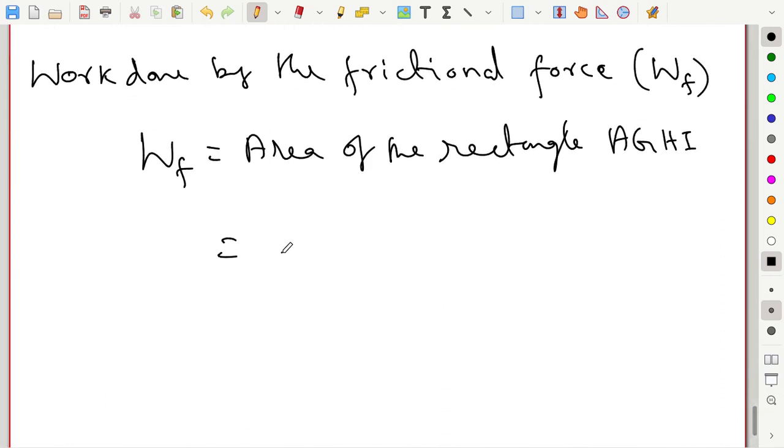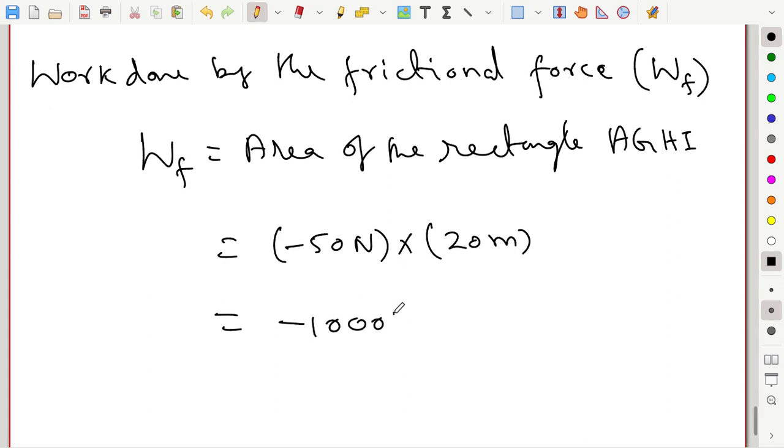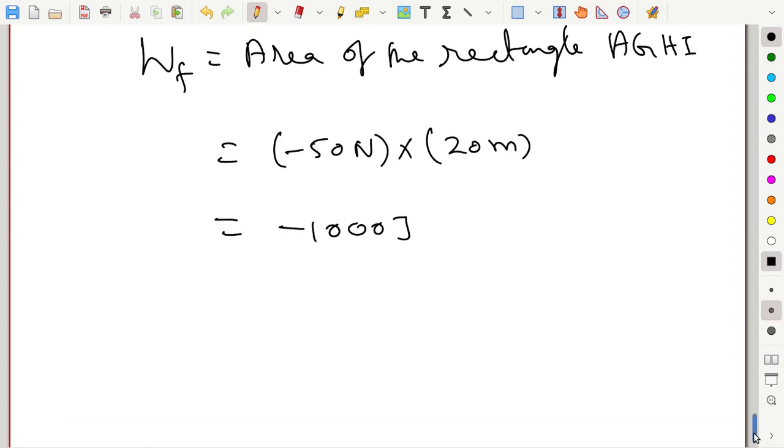It is equal to base into height, which is minus 50 Newton into the base of 20 meters. Therefore, it is minus 1000 joules, since the area is on the negative side of the force axis. So this is the work done by the frictional force.